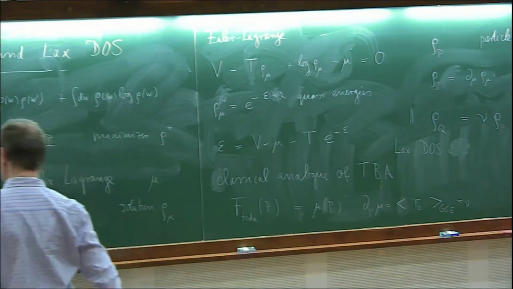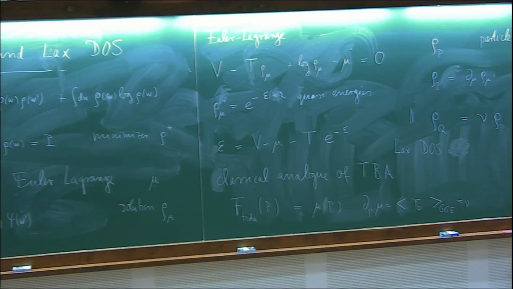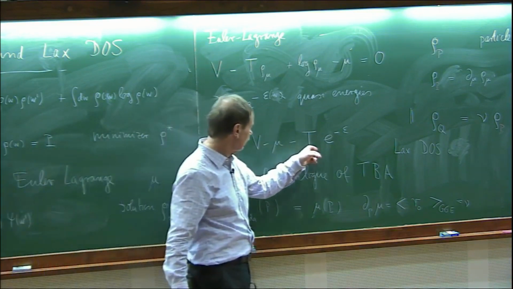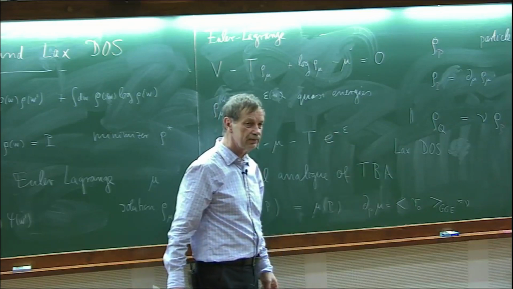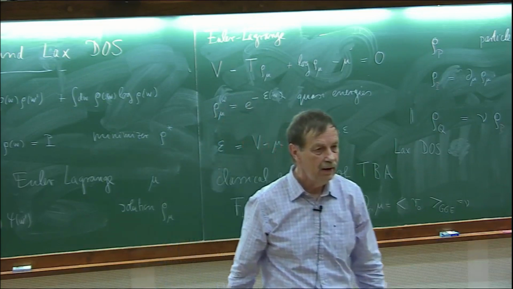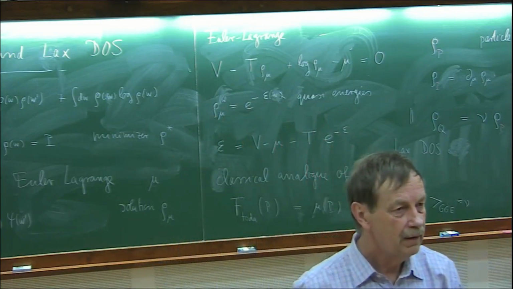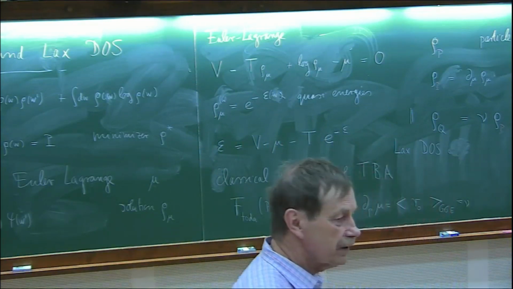Here is the operator T acting on some function. Now this happens to be the exponential function. This means the linear operator T acting on the function e to the minus epsilon of w. Is this an exact result in large N? Yeah, that's an exact result in large N.